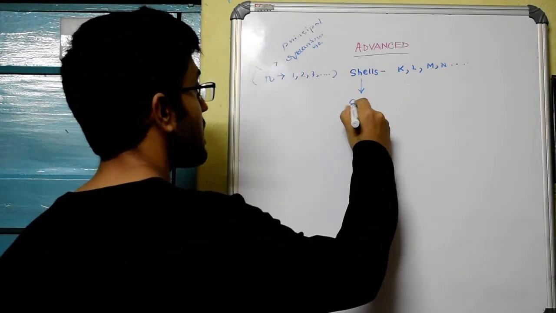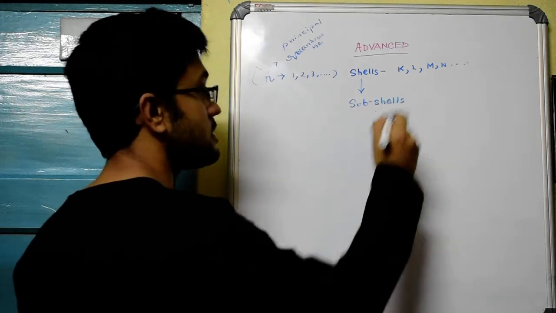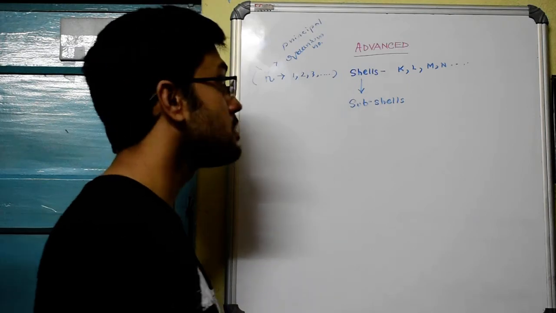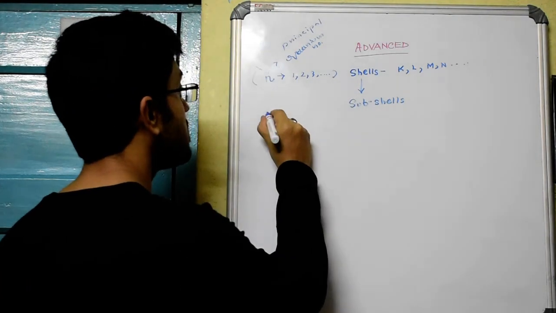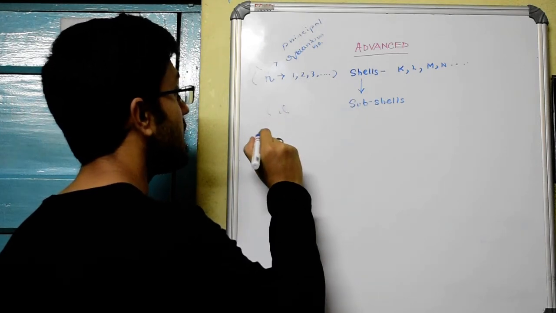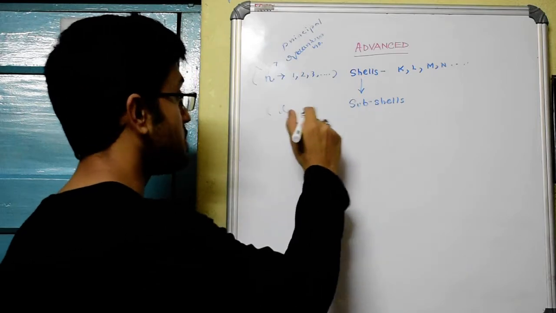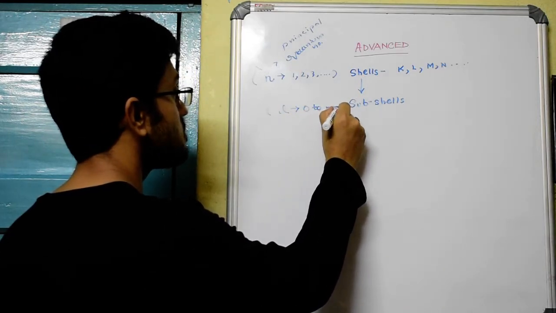These shells can be further subdivided into subshells. Now, how many subshells can be there? Subshells are denoted by l, and l will take values from 0 to n minus 1.